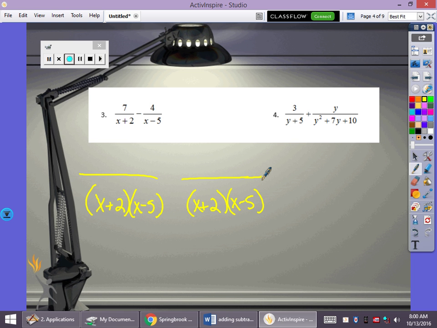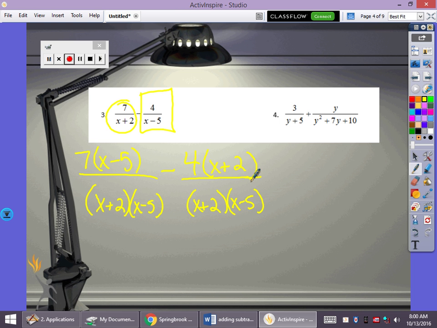Okay? Now, we don't add, we multiply. When I look at this fraction here, what is it missing? So I'm going to do 7 times the x minus 5. When I look at this fraction, what is missing? Okay, so x plus 2.